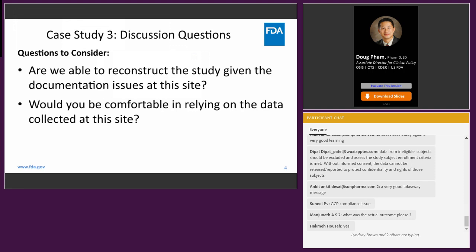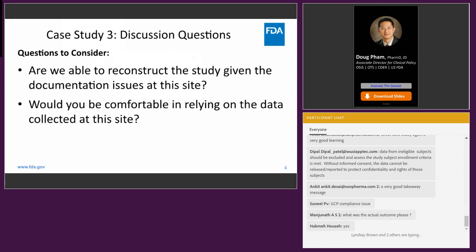What things are they doing at the site that would make you feel good about everything, right? Their processes, their SOPs, their compliance to the protocol in all the other areas, versus this is just one missing piece, both the eligibility question and informed consent. But as you look, there are other missing pieces, dropping the ball on data collection, missing visits. So it all depends on what you're seeing.